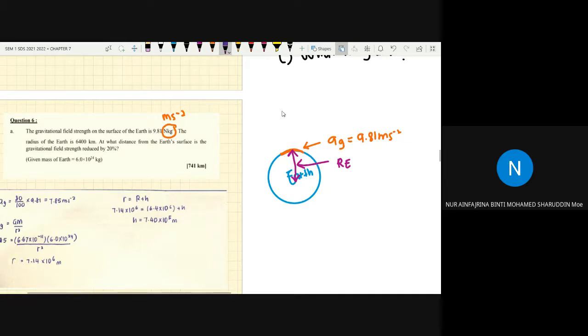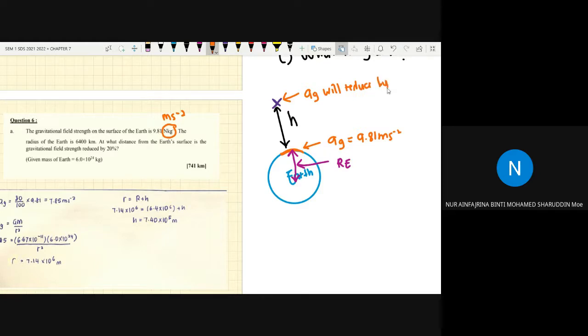Okay, maksudnya akan ada satu distance daripada mana? Daripada earth surface. And distance ini Miss akan label sebagai height, H. Okay, dia cakap dekat distance ini awak punya gravitational field strength ini will reduce by 20%.